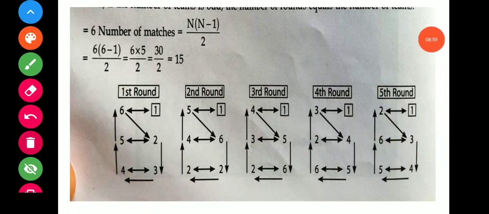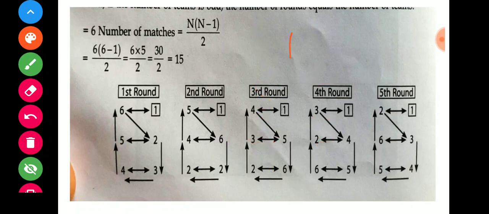Clear? So if it is not even, then 1 2 3 we can write, 4 here we can write, 5 here we can write, but 6 is not there. So who will play with 1? If again we will make the fixture, then again the problem will be raised.